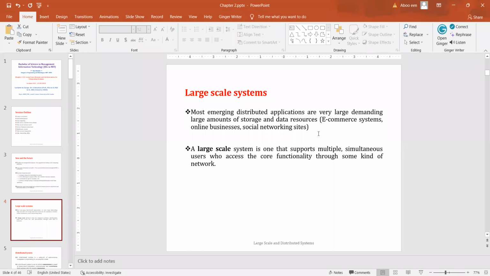Basically, a distributed system is a set of connected components on a network that work together to accomplish a task.